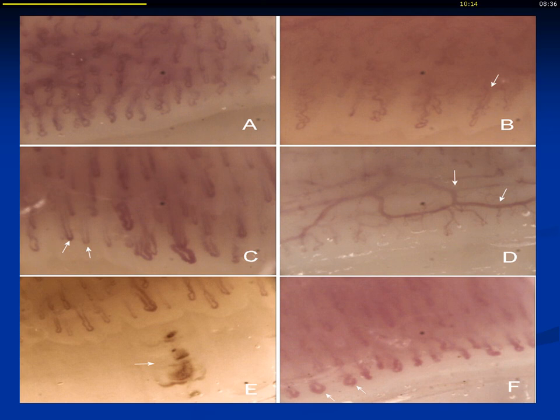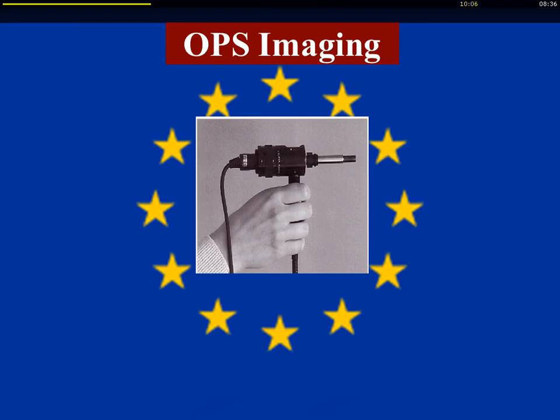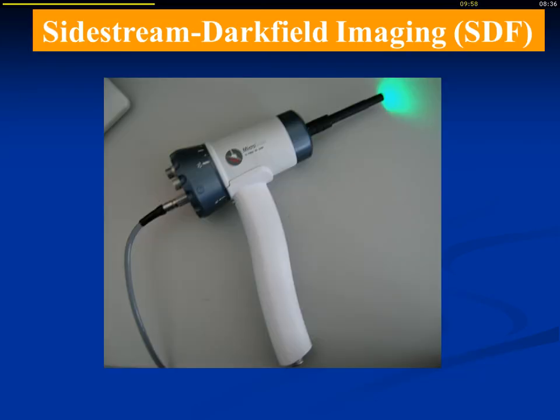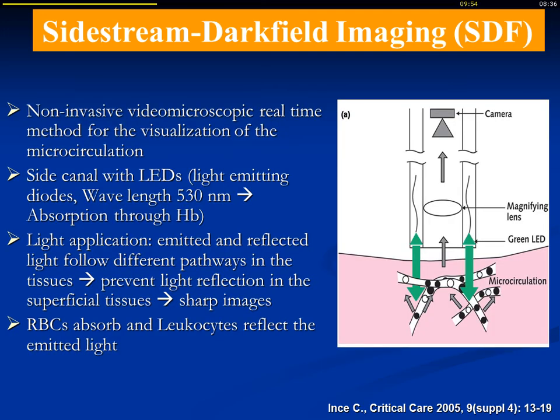At that time, it was not very small, so this method didn't attain a lot of popularity, in addition to the fact that it's looking only at the nail bed. Other devices became smaller. These handheld devices, starting with the OPS technology, passing through the SDF, and we have also some newer generations of these microscopes.